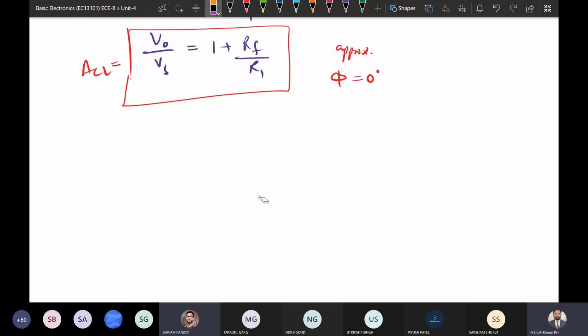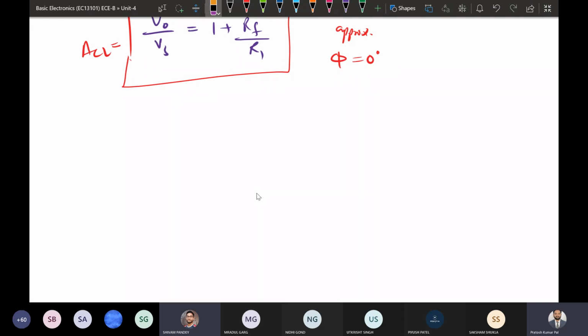Similarly, we can do the exact analysis also in the case of the non-inverting terminal. So if we are going to do the exact analysis, we will just go with the exact analysis.